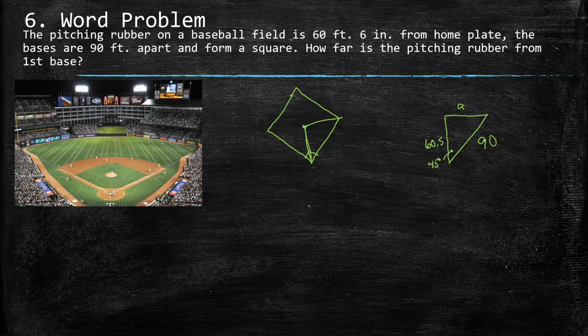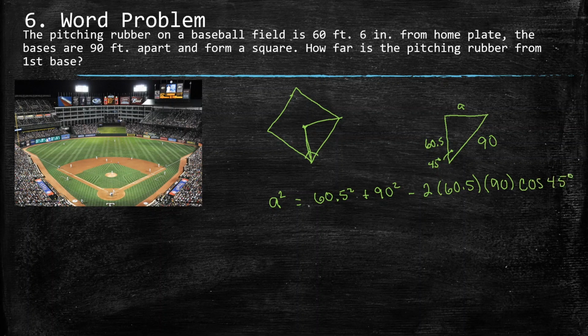So now I've got side angle side, which we can use now with the law of cosines in order to solve. And so the law of cosines for this problem, we want to find side A, so A squared equals, and my side B here is going to be 60.5 squared plus 90 squared minus 2 times 60.5 and 90, and then cosine of 45 degrees.